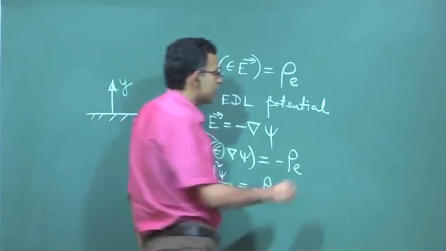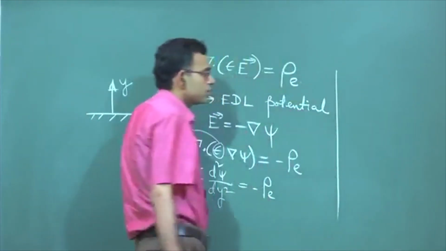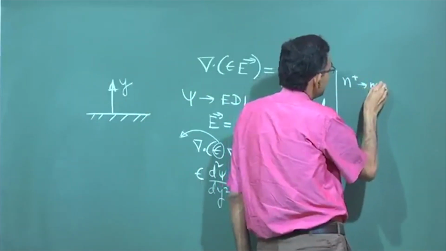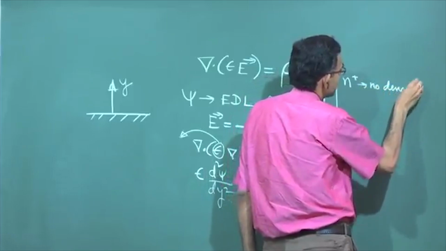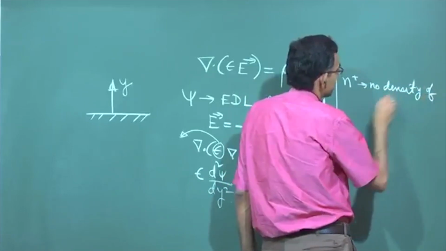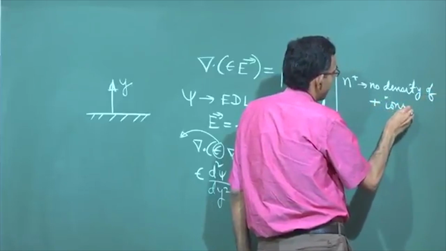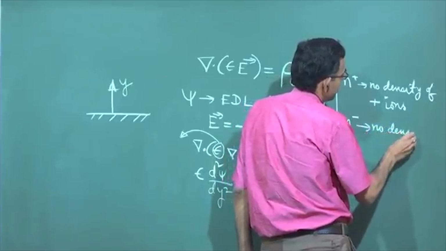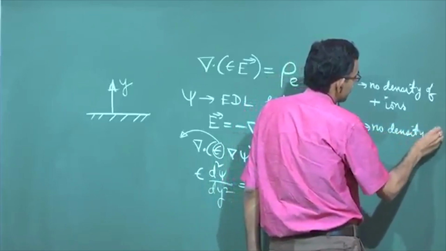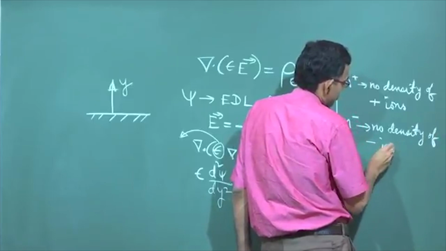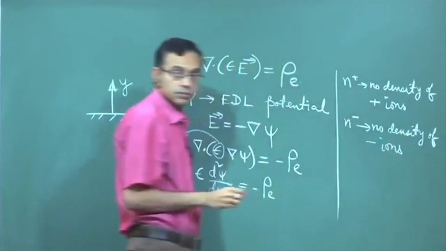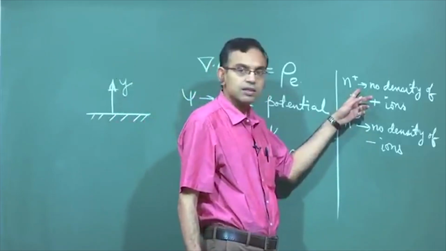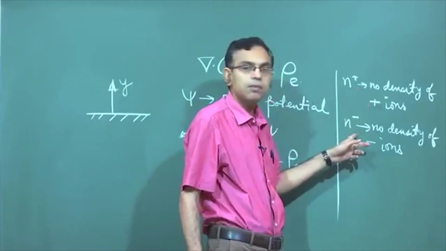Next, the charge density. Let us say that n plus is the number density of positive ions and n minus is the number density of negative ions. For example, this may be Na plus number density, this may be Cl minus number density.